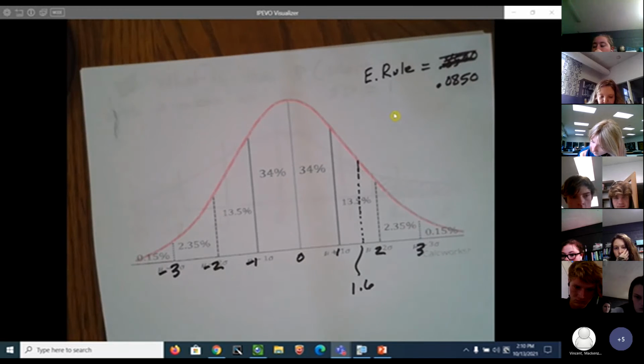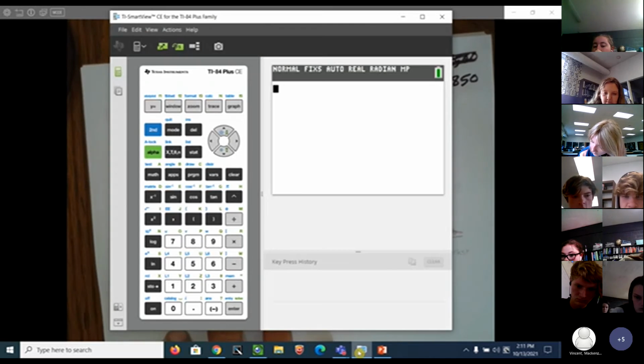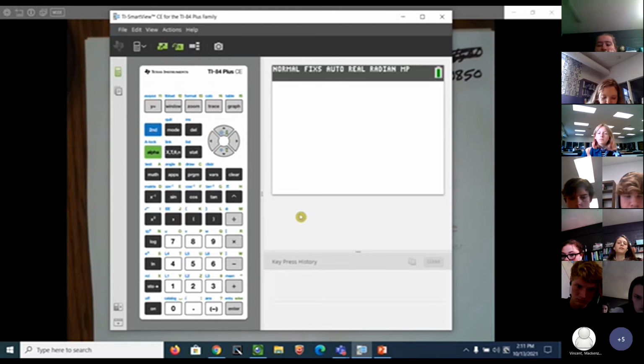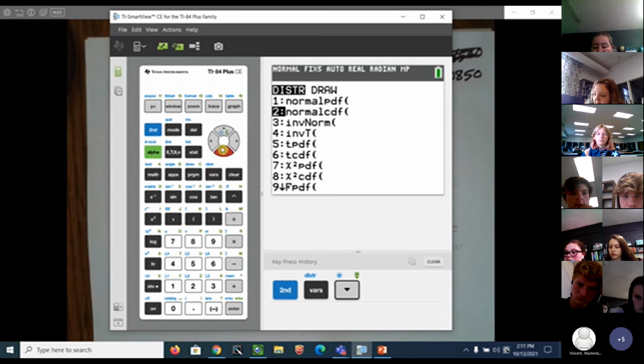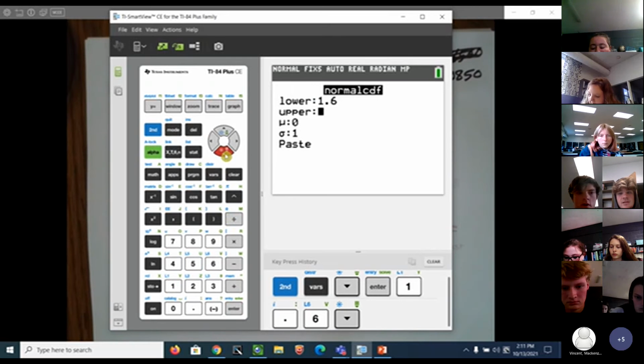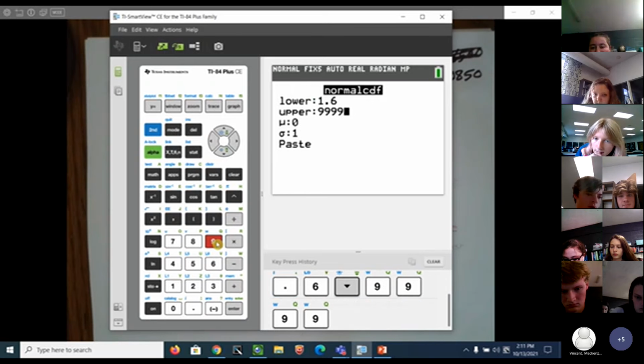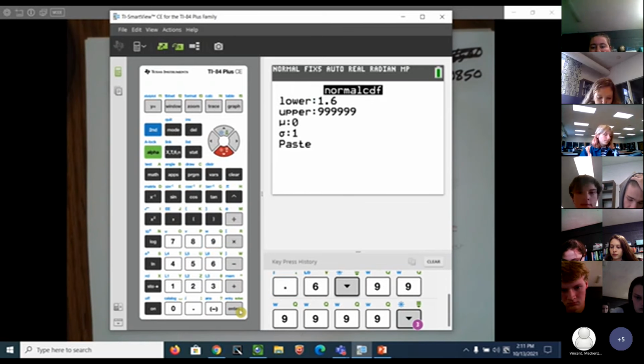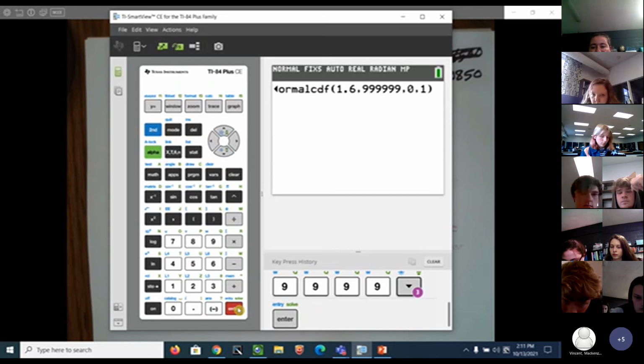Now we're going to do it by the calculator, and that's going to be 1.6. And y'all probably did this in your other probability courses. So let's go ahead and do normal CDF. That'd be second vars, normal CDF, and we're going from 1.6 to 9999. And paste, and let's see what the actual area is. The actual area is 0.0548.